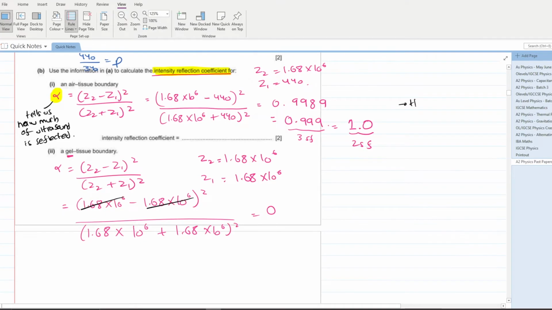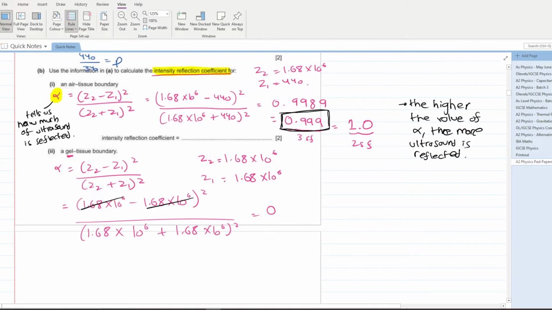How does the value of alpha tell us how much of ultrasound is reflected? So the higher the value of alpha, the more ultrasound is reflected. Now if you can observe, when there was no gel being applied, the value of alpha was 0.99999.